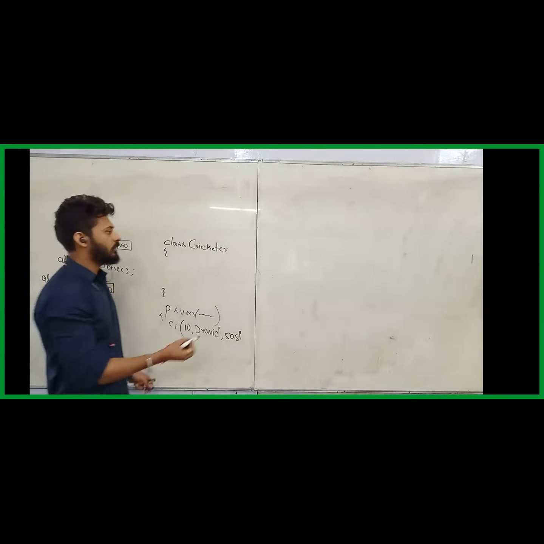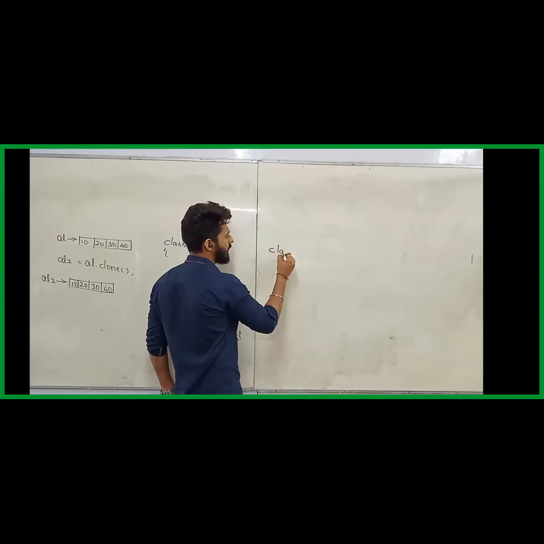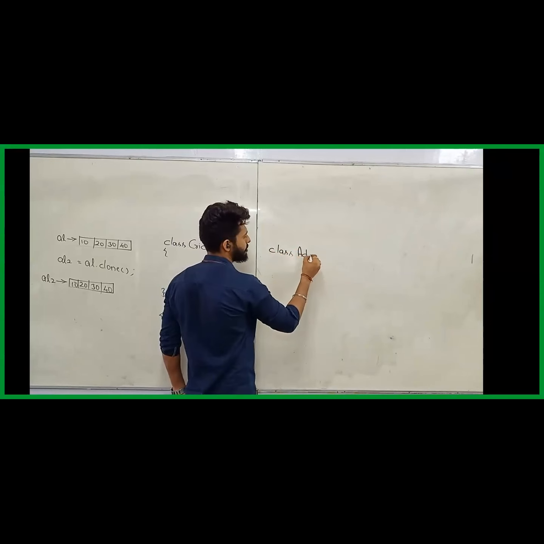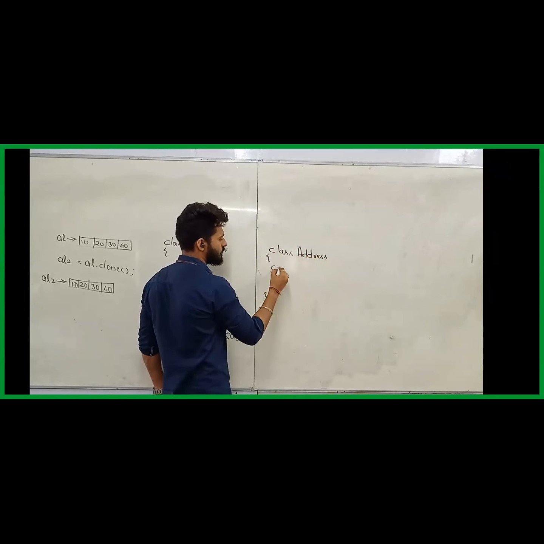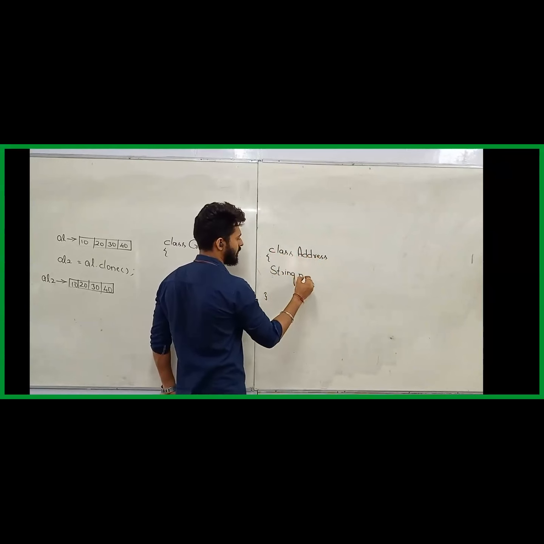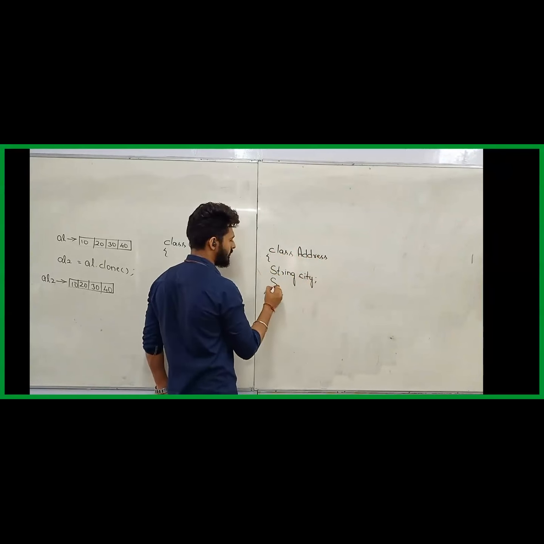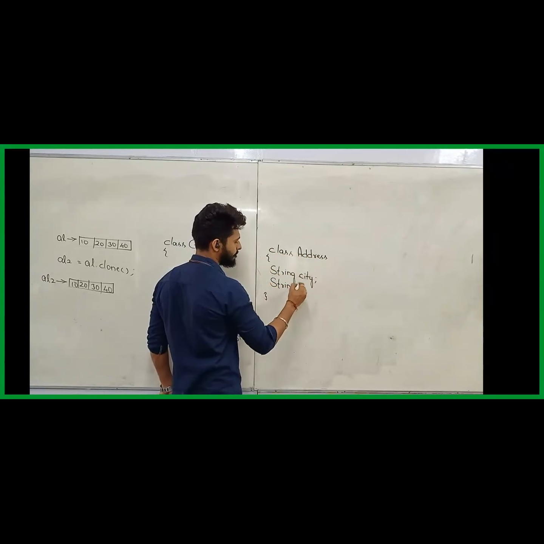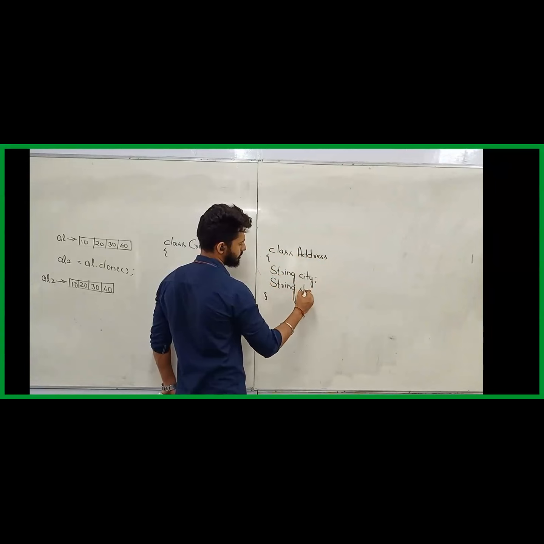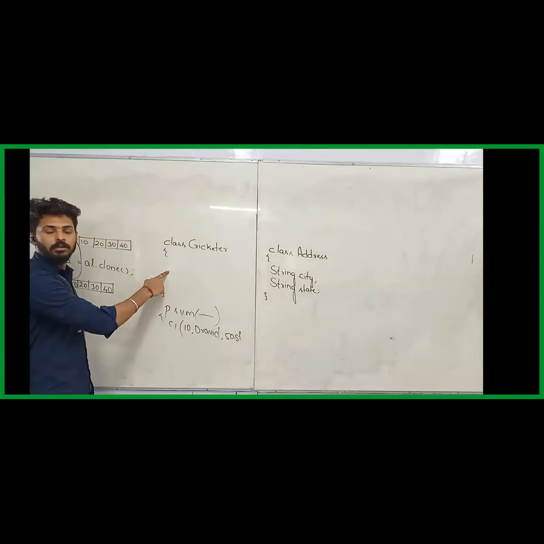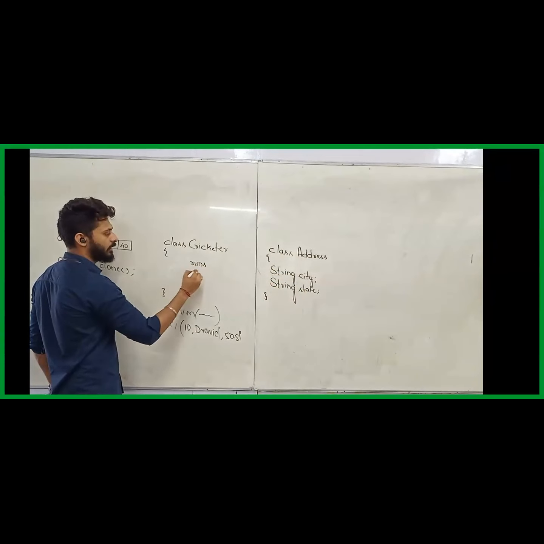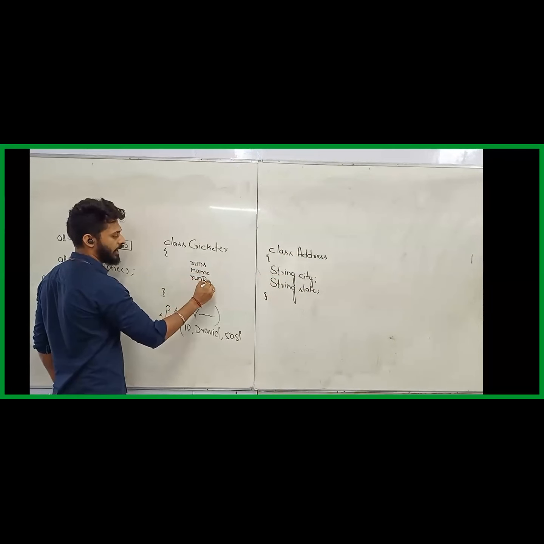No. So what I'll do here, I'll try to create one class called class Address. Inside this, what I'll have? String type city, and String type state. Here what I will do, anyways runs are there, name is there, and run rate is also there.